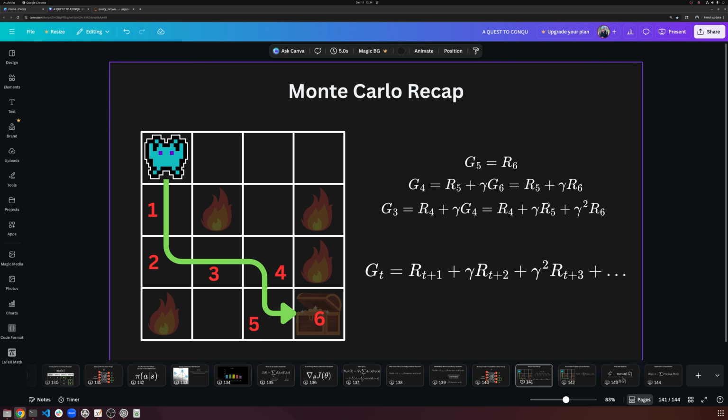So you can see we're just working our way backwards. As long as we have R6 first, then we can compute R5 plus gamma R6, then R4 plus gamma R5 plus gamma squared R6. We just repeat that over and over again.